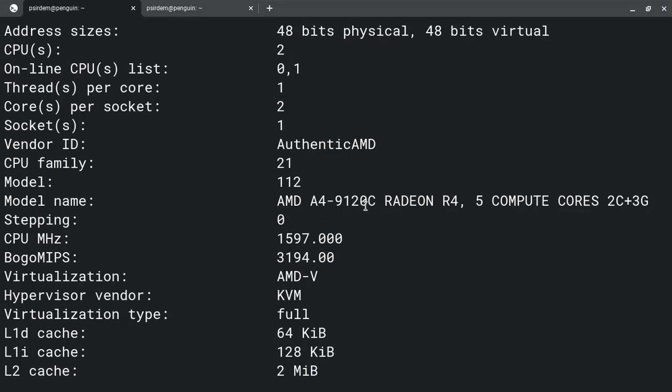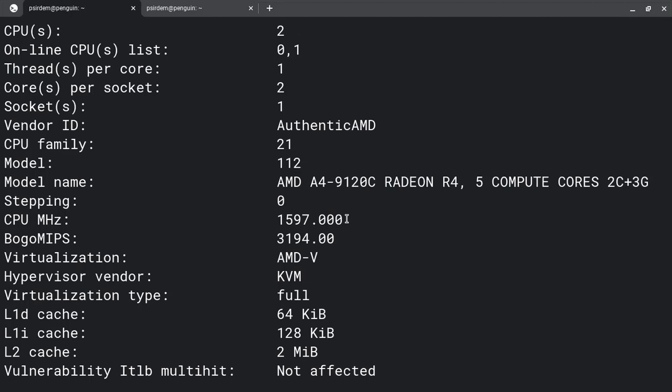And then let's look here. We have 5 compute cores. 2 cores are coming from the CPU, while 3 cores are coming from the GPU. And then the virtualization we spoke about.